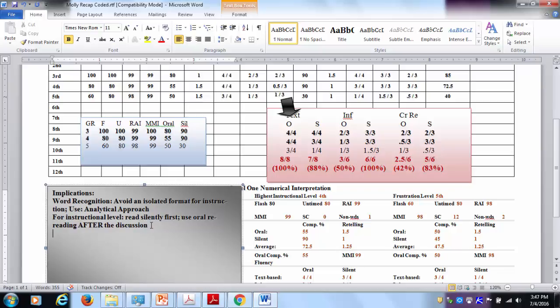And so what will help Molly, especially in the area of critical thinking, right here. Here's where we had the difficulties, right? So, with critical response 0.5 and inference 1.